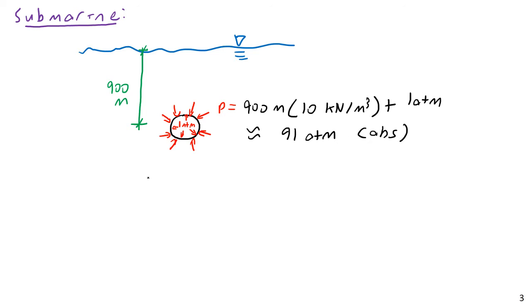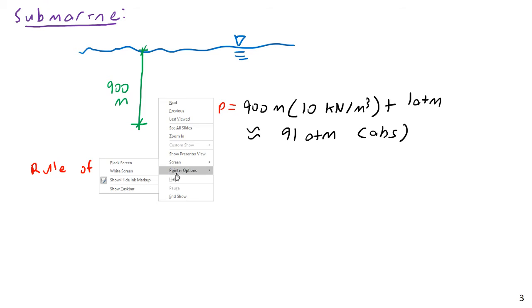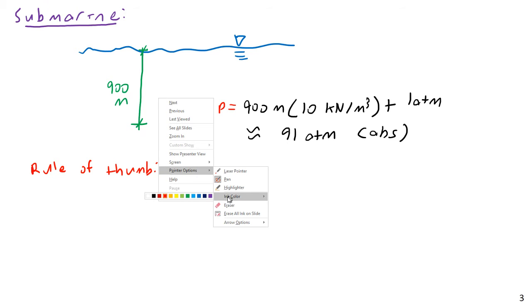What about gauge pressure? So let's think about that. Rule of thumb. Let's back up a bit. There's a good rule of thumb for depth that you might want to keep in mind if you're working through problems on homework or on an exam.